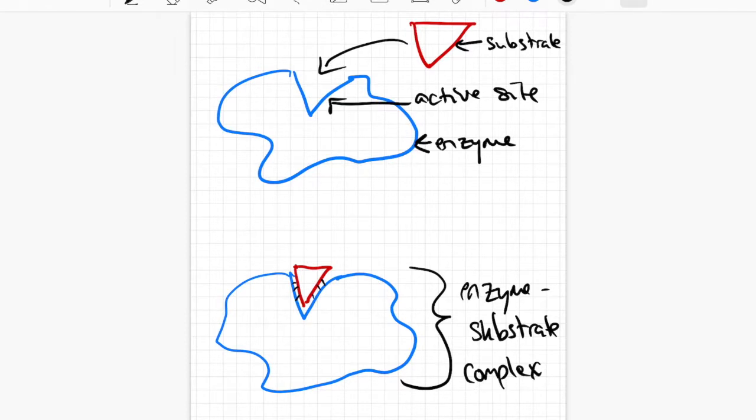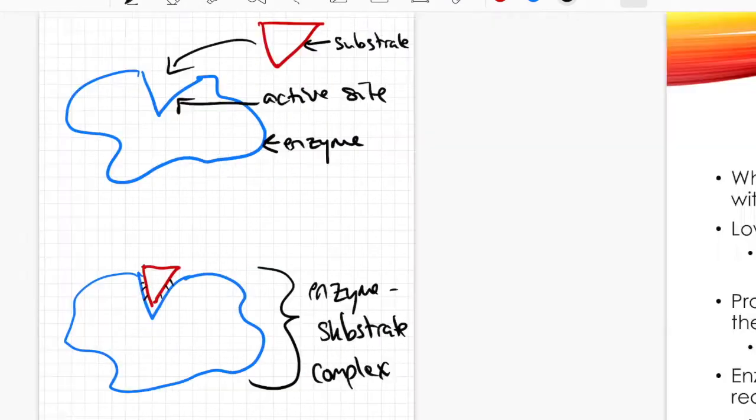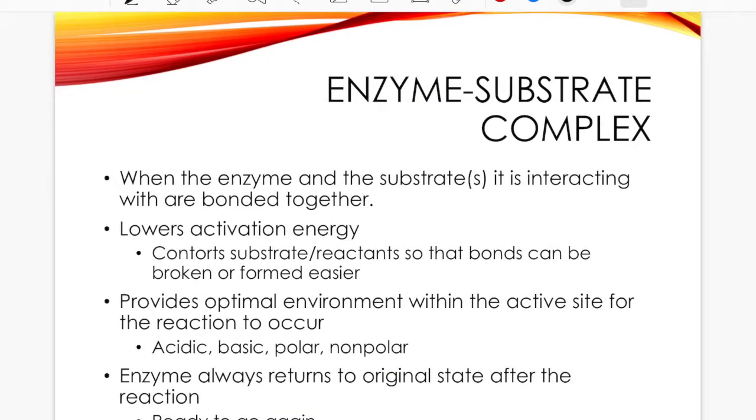So essentially what we're doing here is we're decreasing the amount of energy because we're giving a place for that chemical reaction to occur, because we're giving a place for that substrate to come where it needs to be. All right? So the enzyme will actually contort or shape so that it interacts with the substrate better, so that the bonds can be broken or formed better. It provides an optimal environment for the reaction to occur.